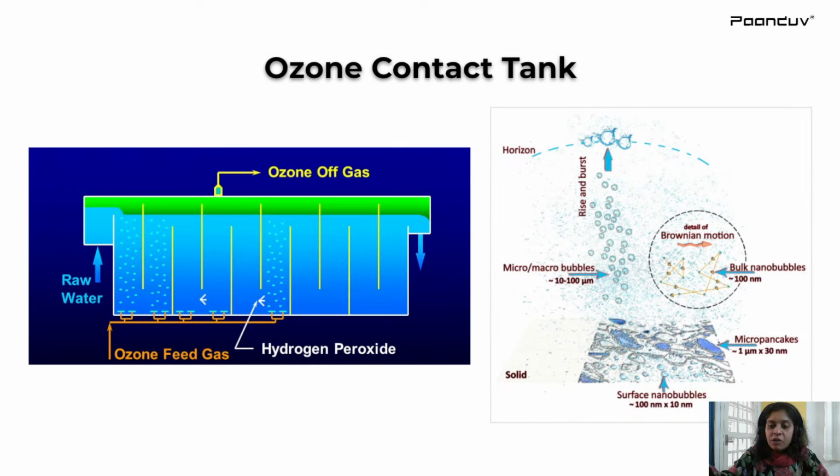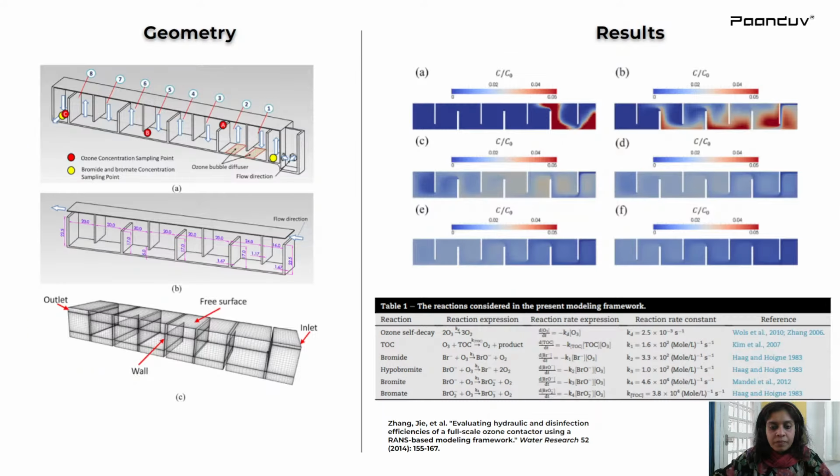When the bubble size reduces to 100 nanometer, the Brownian motion takes charge, which is the dominant force, and due to which it starts the zigzag motion inside the domain itself. That's why you must have seen that for ozonation processes, the tank height is generally larger because they want to retain the bubbles in the tank for as long as possible.